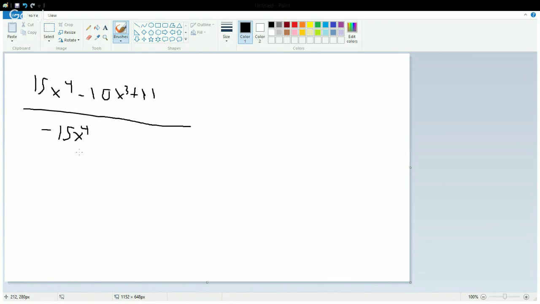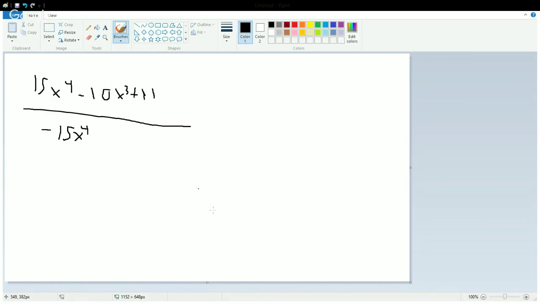Okay, so what we're going to be looking at is a division problem. This is actually polynomial division, so I need to remind myself how to make this work.